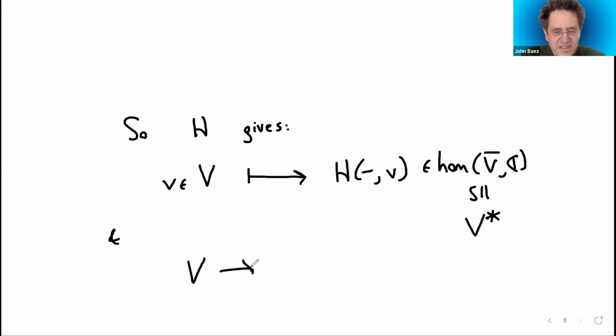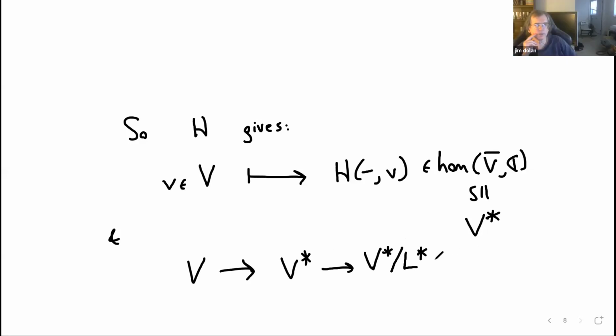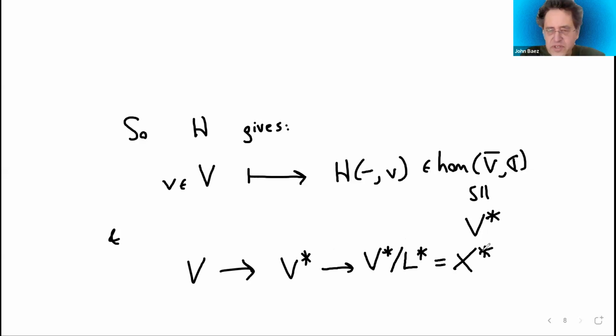What's happening? Of course, we can always compose that with quotienting by this dual lattice that's sitting inside the vector space. So we can always get a map from V to the dual torus. But what we really want is a map from the torus to the dual torus.